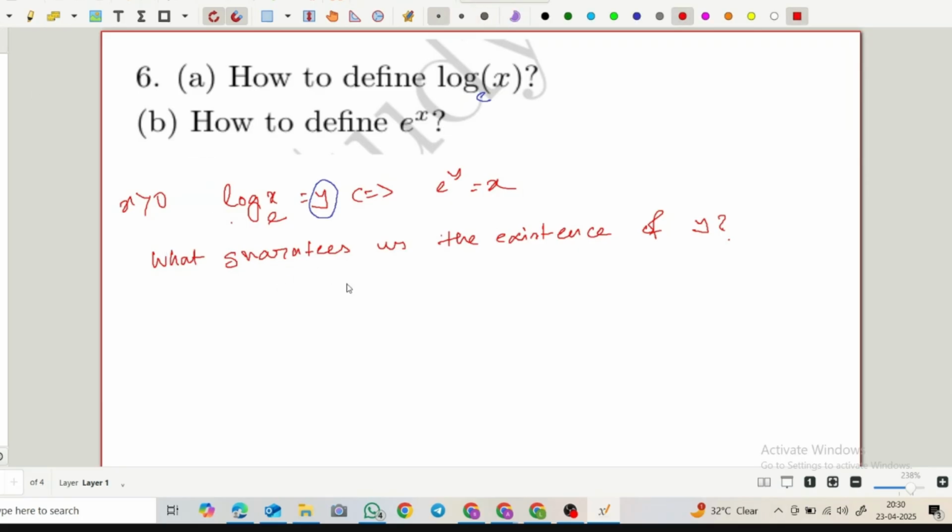So what you can do is first define e to the power x from the real numbers to (0, infinity). And you know that e to the power x is continuous, differentiable, and injective, very obvious, right?